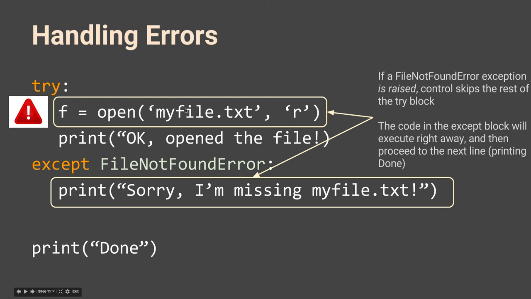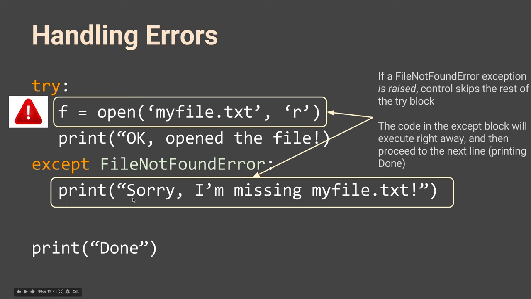As soon as that exception is raised on the open command, the Python runtime system will jump you into the exception handler that you provided. Now, if this raised a different type of exception, by the way, it would not be caught by this handler and your program would just crash. But since it's raising a file not found error, and you have an except handler for that particular type of error, Python will run your code here.